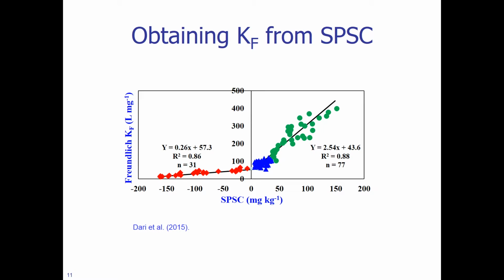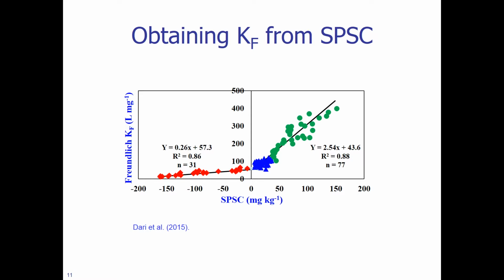Now, it is somewhat similar for obtaining KF from SPSC, but the slight difference is when you're looking at KF below the change point, then you can obtain a linear relationship, that is when SPSC is positive.